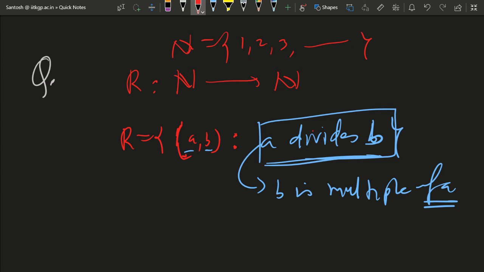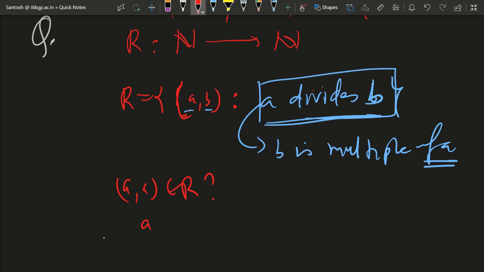So is it reflexive relation? Simple, you need to check whether (a, a) belongs to R or not. (a, a) belongs to R means a divides a or not. So tell me, is this line true or not? a divides a.